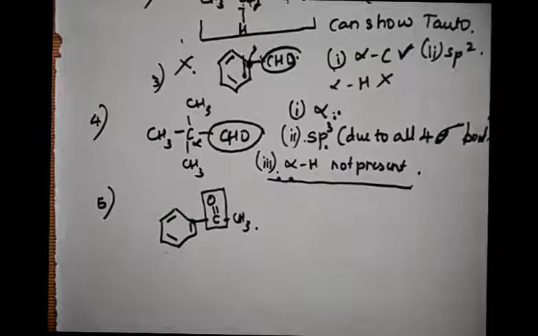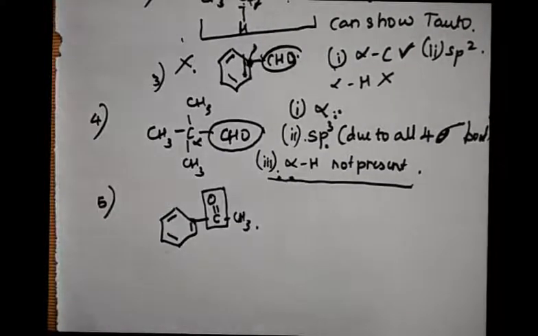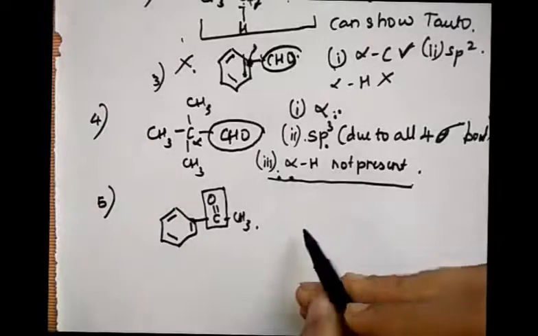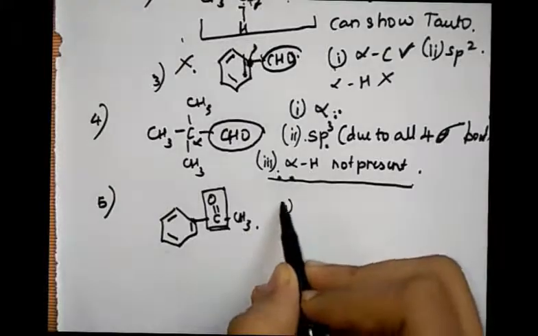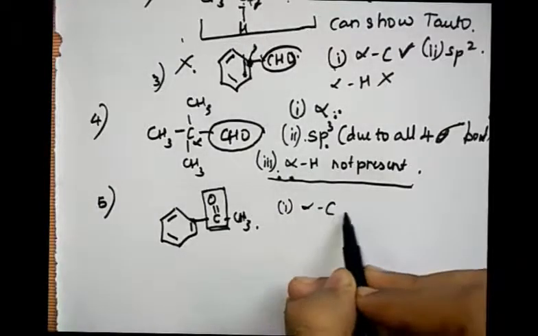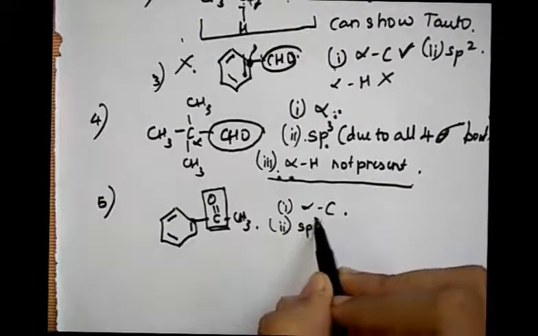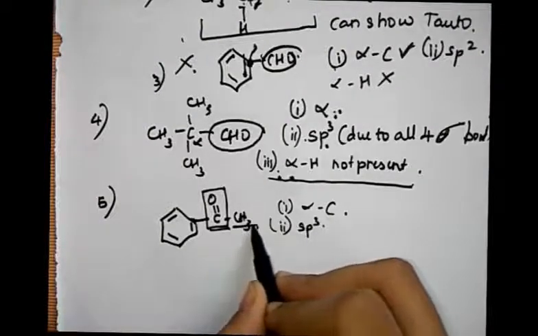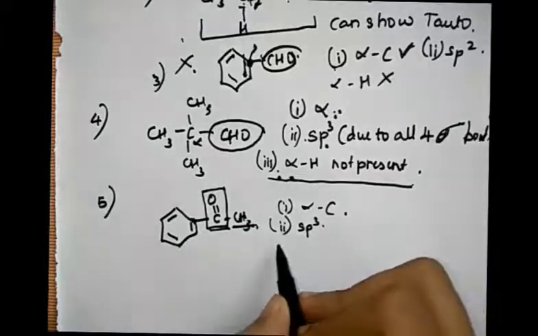Now this fifth example is a special category. Here you'll see this is a keto group. It has an alpha carbon on both the sides. Second condition, sp3 hybridized carbon on one side and sp2 hybridized carbon on the other side.